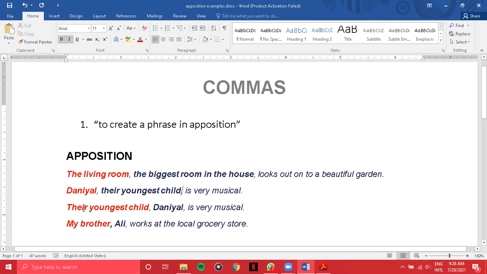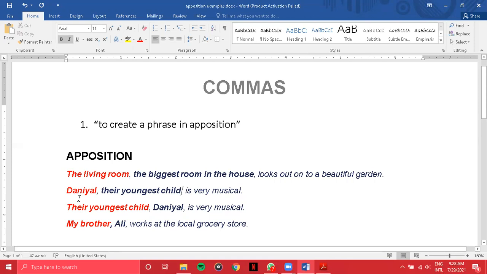For example, in the third example, we can see their youngest child, Daniel, is very musical. So even though the order is reversed, it does not matter. The sequence of the noun phrases does not matter. The only thing that matters is that both noun phrases have to be referring to the same person or the same thing, right? Now, this scenario, when there are two noun phrases right next to each other, is called apposition, when both of those noun phrases are referring to the same person or thing.